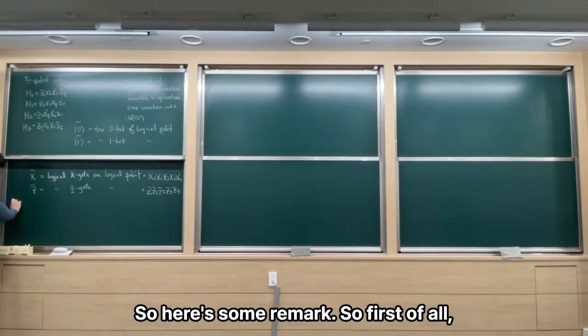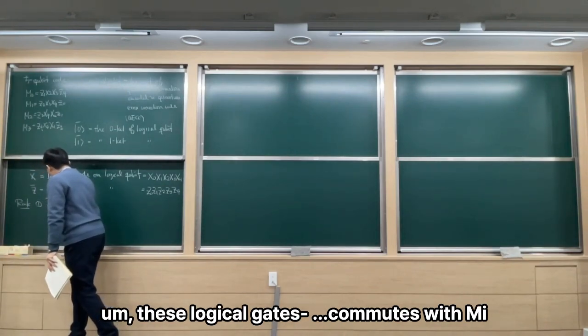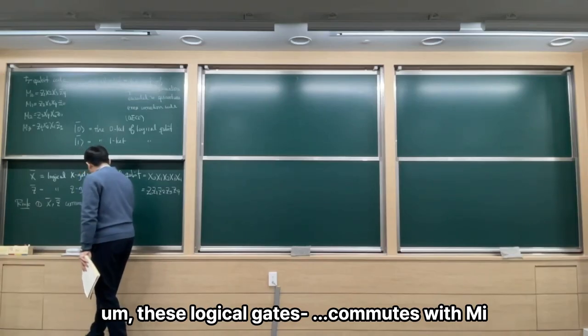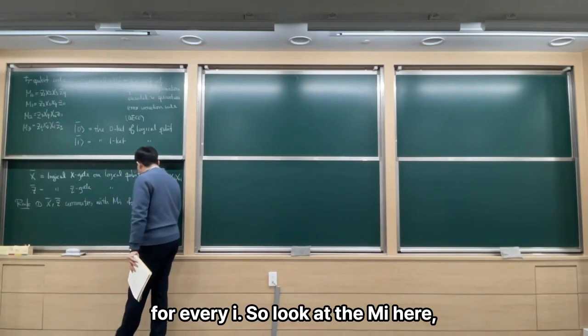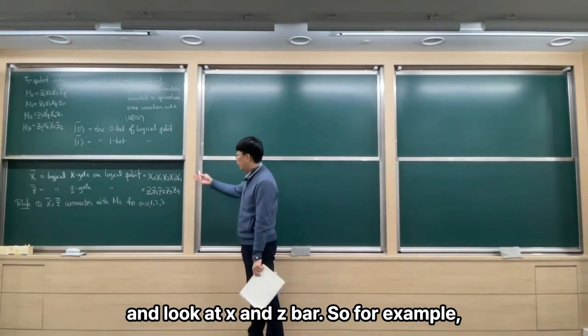So here's some remark. First of all, this logical gate commutes with Mi for every i. So look at the Mi here and look at X bar and Z bar.